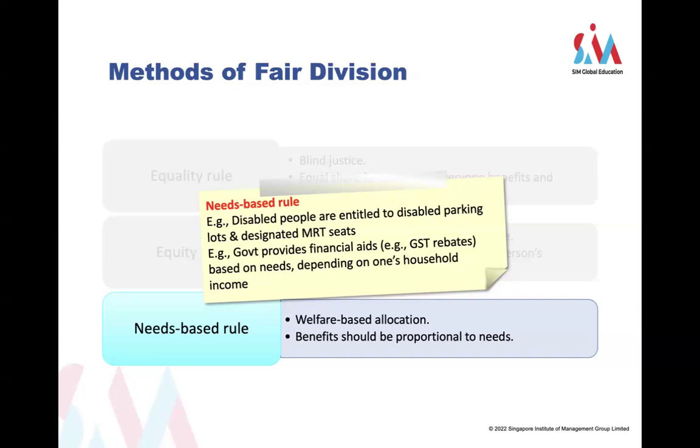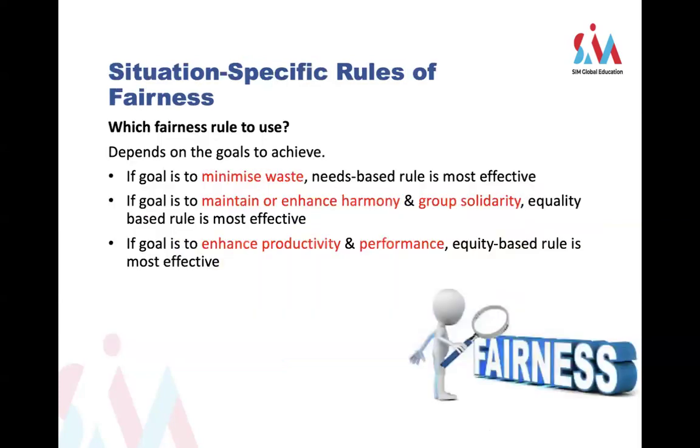So the government provides vouchers whereby they can go to the shopping mall to exchange for household items as well as food. So this is what we call needs-based rule. It is based on a welfare allocation. Okay, it is based on a person's needs.